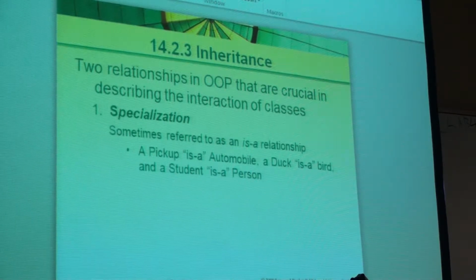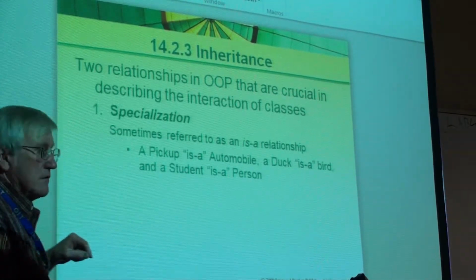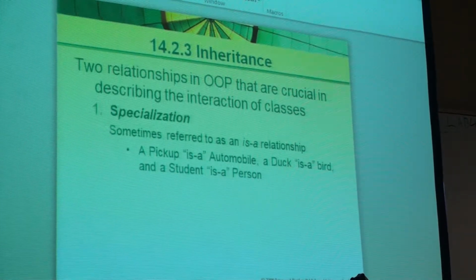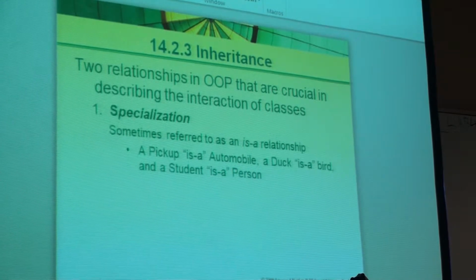And it simply means "is a." A pickup is an automobile. Right? A duck is a bird. And this may be a loose one, but student is a person. Sorry. Okay? Clear what ISA is? There's a direct inheritance thing there that I belong to the class person.